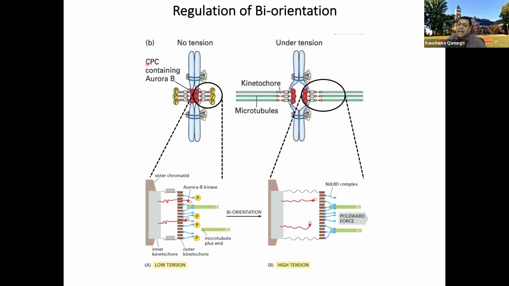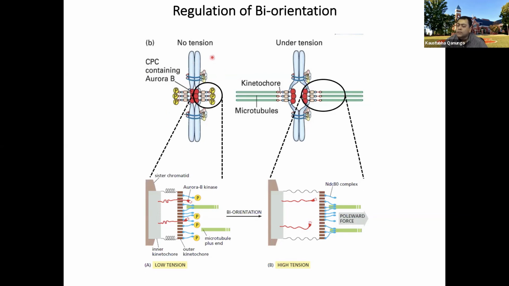And this contains a kinase which is known as the Aurora B kinase. And again, remember that all the kinases phosphorylate other proteins. So that's basically what it does. So let's take a look at what exactly is the role of this Aurora B kinase.